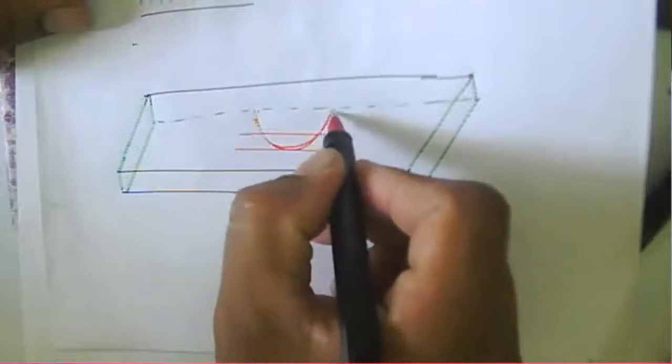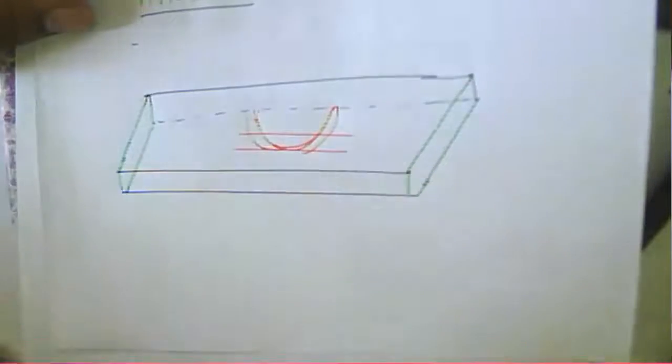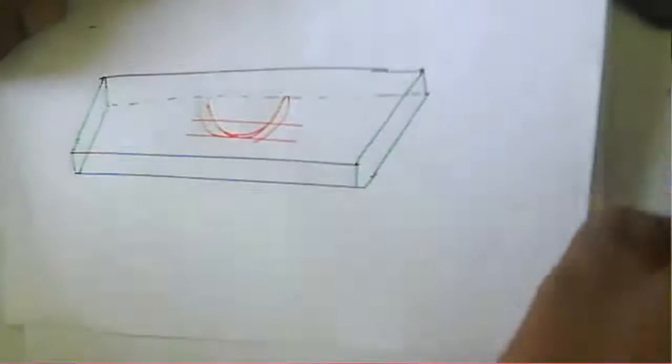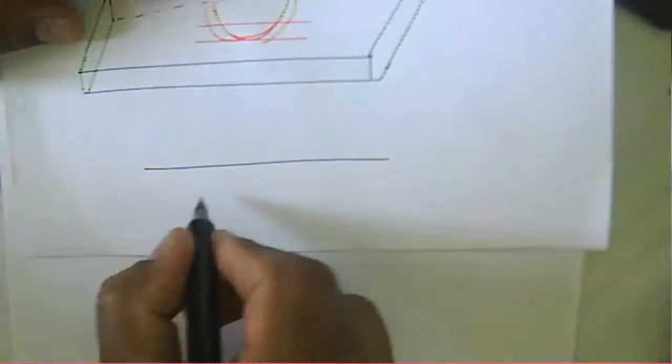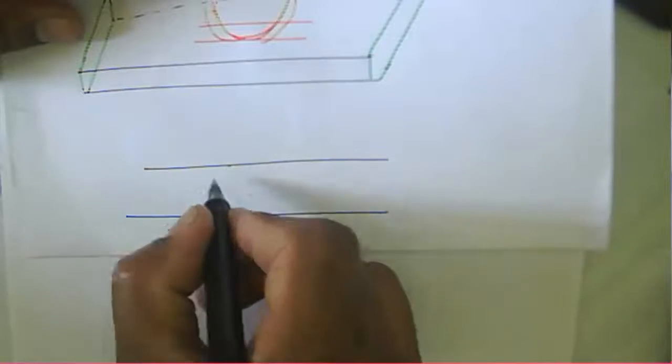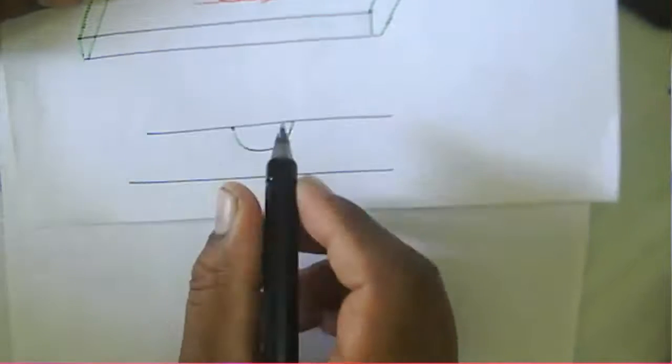If you cut this section, how does it look? This is your waveguide, and there is some obstacle, it looks like this.